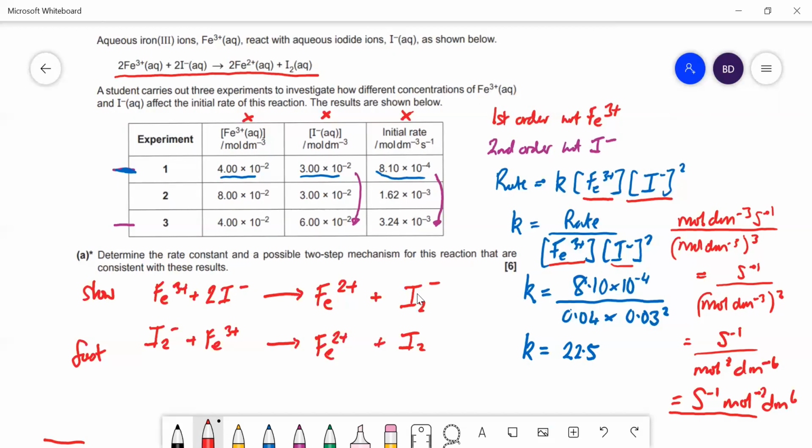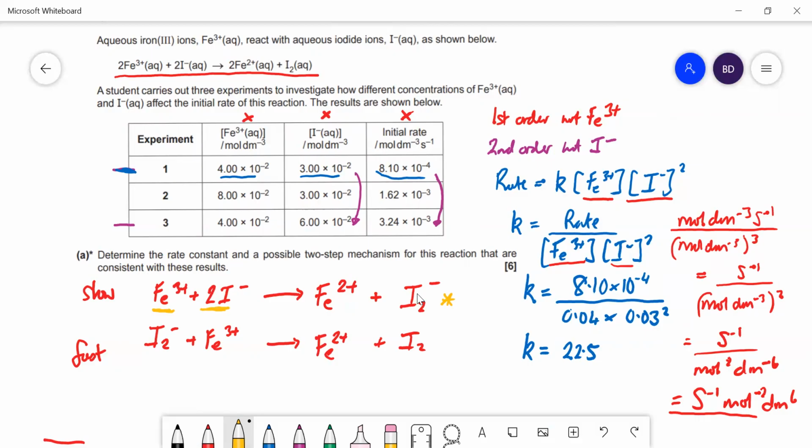The slow step has really got to be that. There's only one alternative for that really. But the fast step you can put, well, the first step, the slow step, you've got to have one ion reacting with two iodides. But there are slightly different things which, if you look in the mark scheme, they'll let you have, as long as you have this being the slow step with one ion reacting with two iodides, and then all your charges are consistent and so forth.